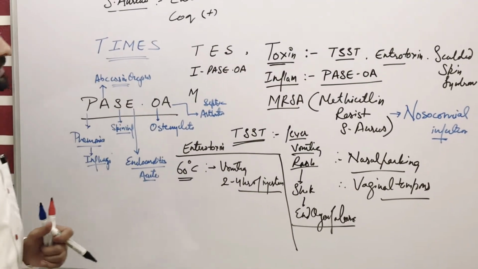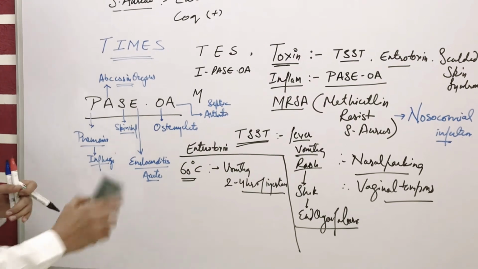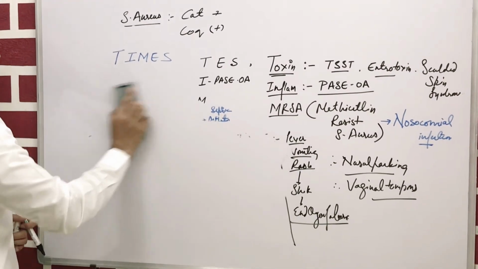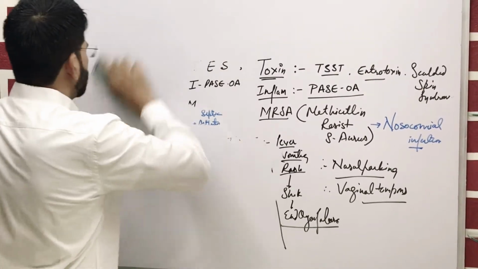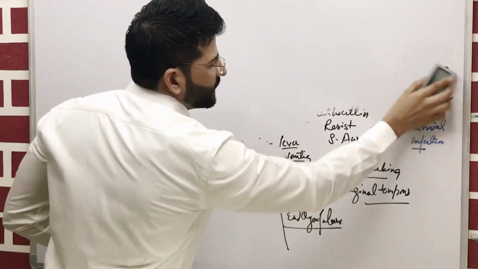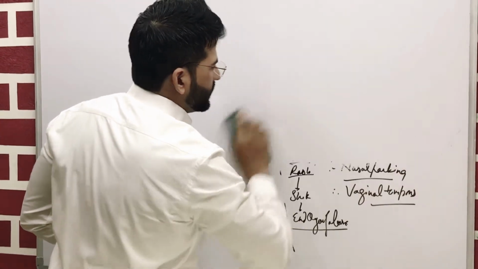Now we will take the second one, the coagulase negative, and the coagulase negative are Staphylococcus epidermidis and Staphylococcus saprophyticus.